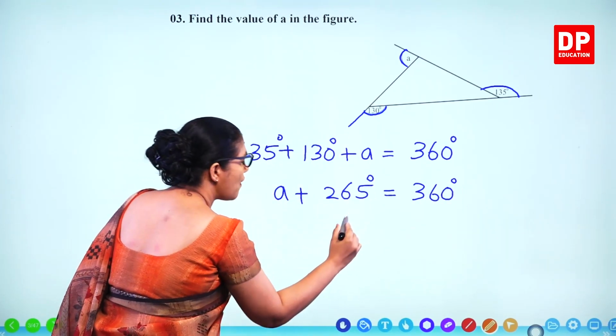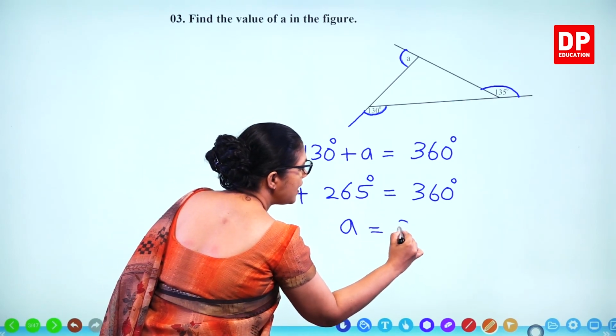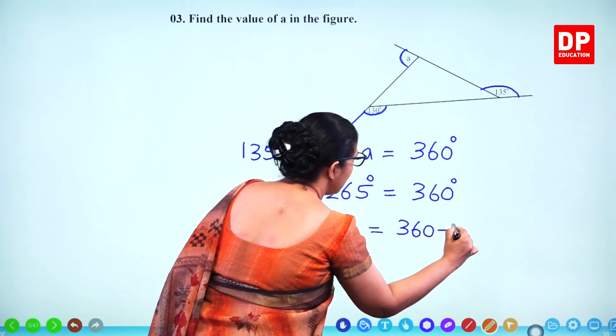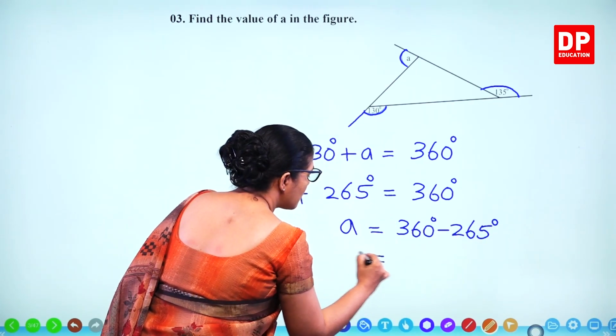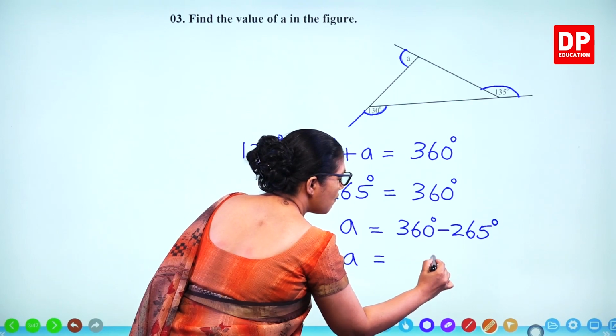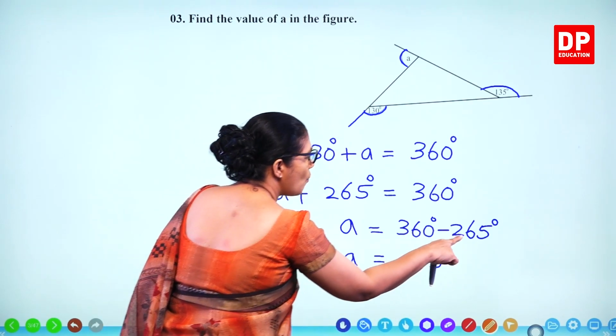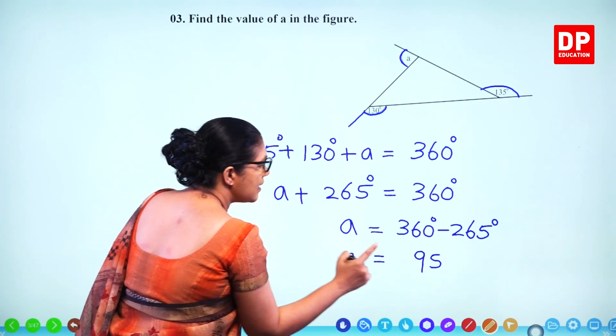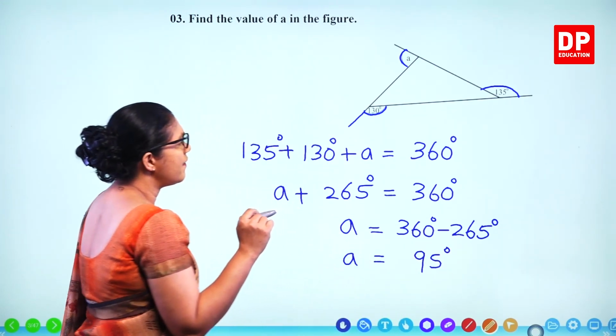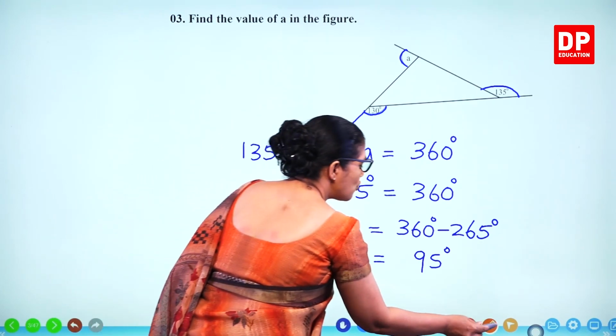Take 265 to the other side and find A. So A equals 360 minus 265, which is 95 degrees. You get 2 marks for that.